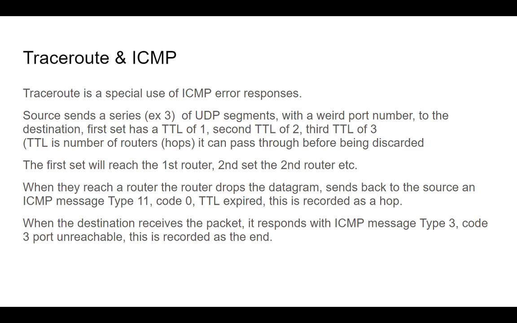When it reaches the final destination, the device sends back a message type 3, port unreachable, because we've used this weird port. So when traceroute receives a TTL expired, it knows that's one of the hops along the way. And when it receives port unreachable, it knows that we've reached the end.